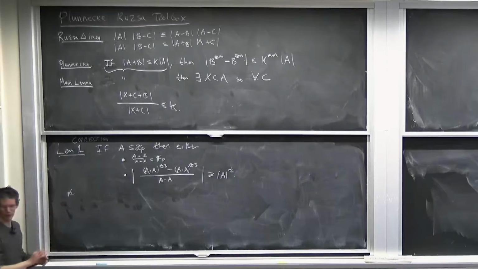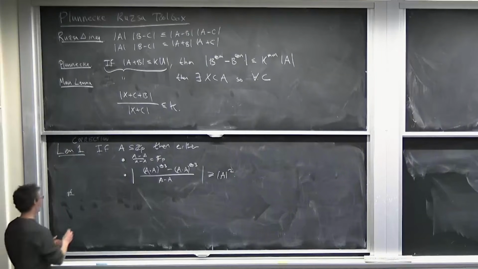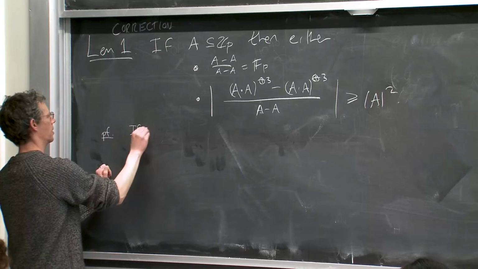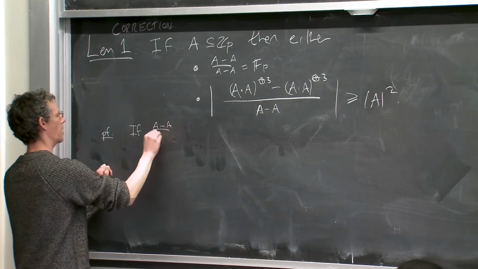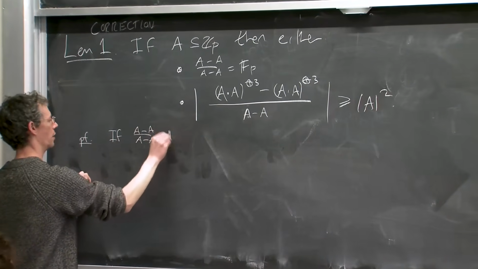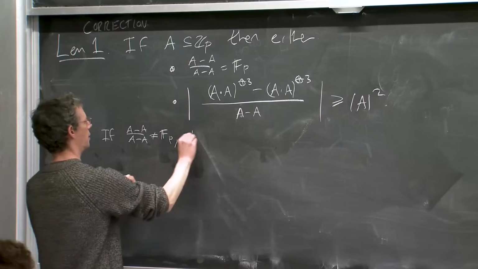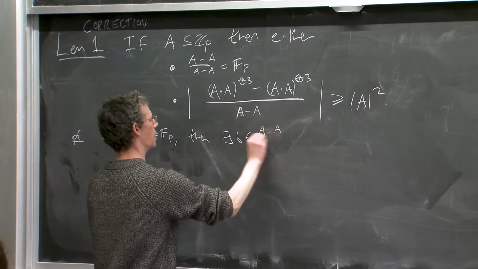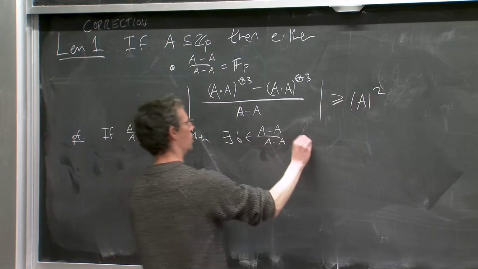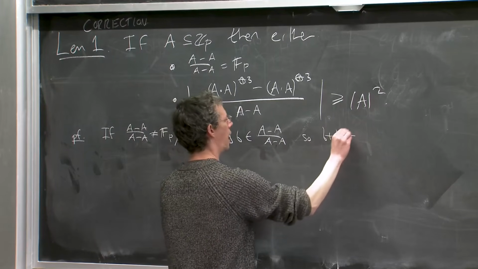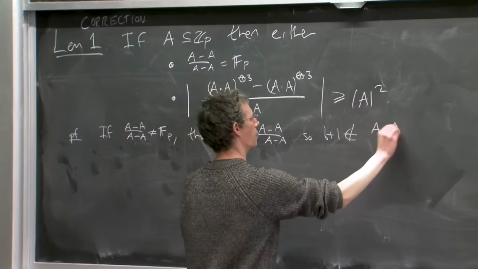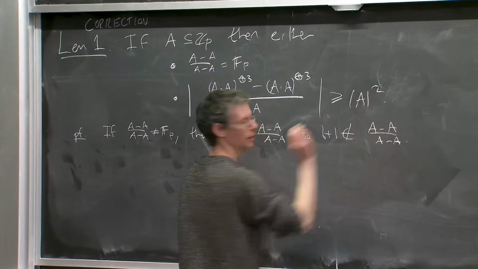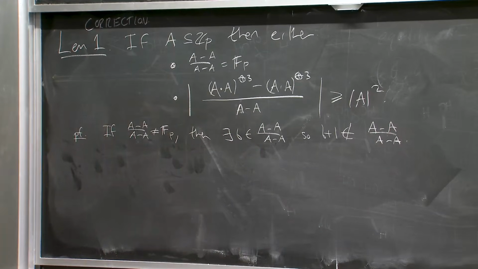The proof of this is very clean. So the point is that if A minus A over A minus A is not everything, then you can find some B not in A minus A over A minus A so that B plus 1 is not in A minus A over A minus A either.